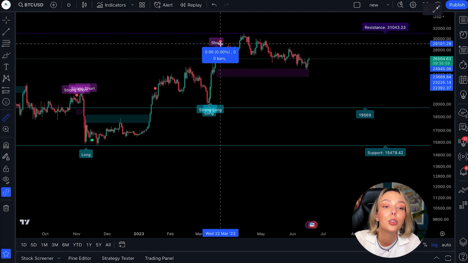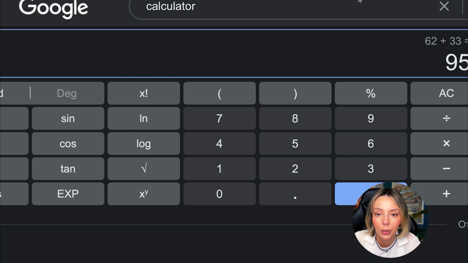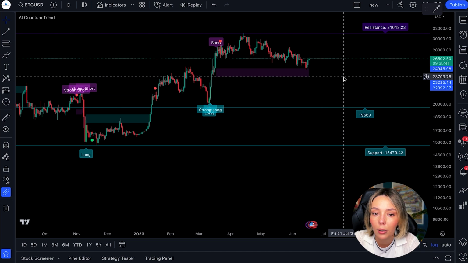Next, we had a strong short, and here we could earn 13% in 87 days. It turns out 108% profit in 225 days. You could trade, listen to signals, or you could use just one indicator and get such a profit.